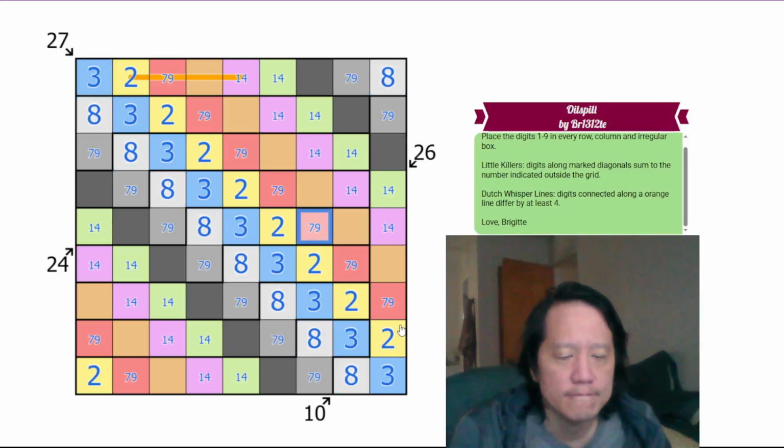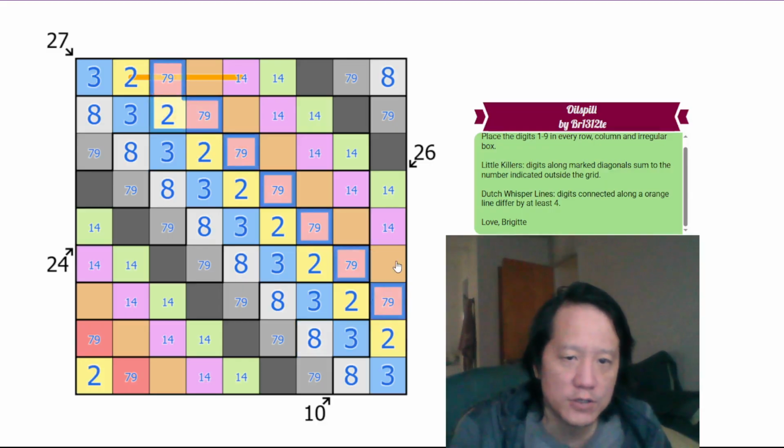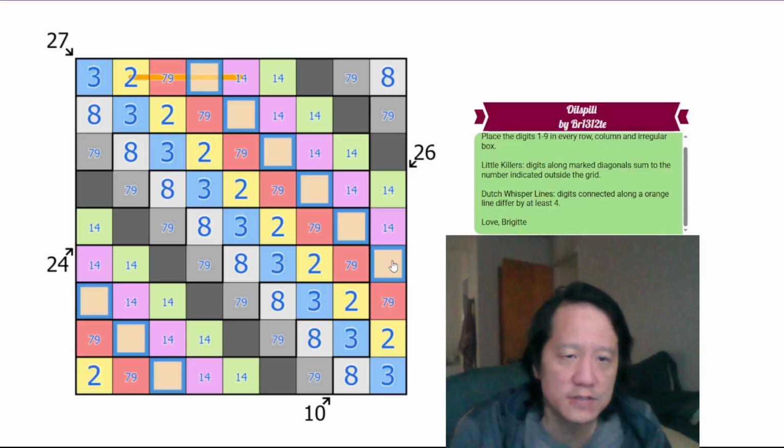Okay. We know orange and dark must add up to 11. And it cannot be 2, 9, cannot be 3, 8, cannot be 4, 7, because the 7 is accounted for. So it has to be 5 and 6. Well, of these, 6 cannot be 4 away from 7 and 9, so this can't be 6.